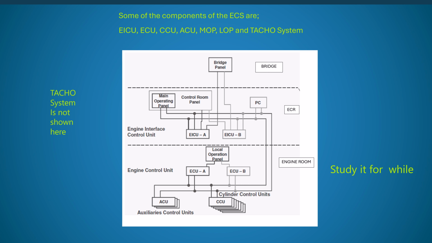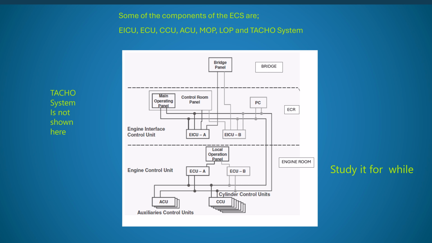Safety system, alarm system, and remote control system are not provided by MAN B&W. They are provided by third-party suppliers like Kongsberg, Lyngsø, or AutoChief. So their interface with the engine control system is the EICU, engine interface control unit.